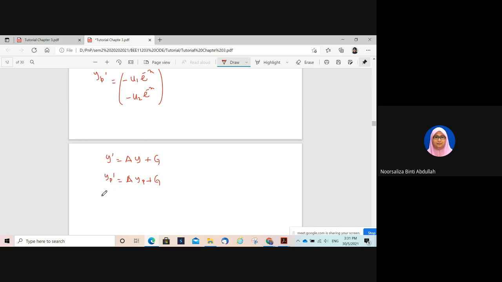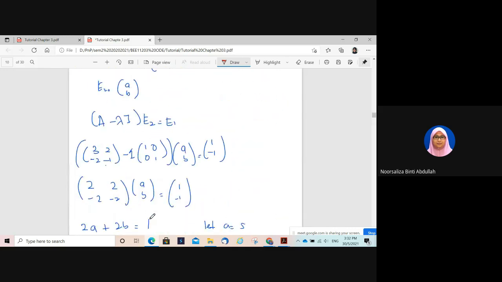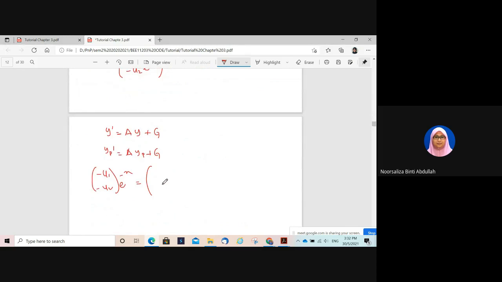Okay, so YP prime, negative U1, negative U2, exponent minus X equals to A. So what is your A? A is 3, 2 minus 2, minus 1.